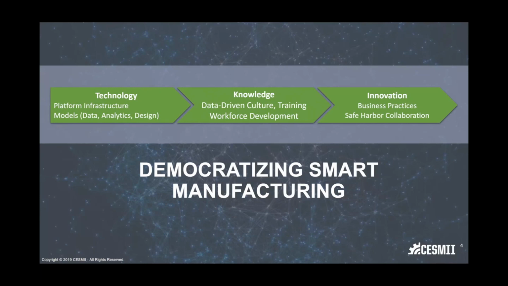If you saw the animation, it started with technology, transitioned to knowledge, and ultimately ended up with innovation. Haresh and I have a pretty good back and forth about whether the technology is more important than the knowledge sharing or not. Since I am responsible for the knowledge side, not the technology side, I tend to champion that position. But I've been in manufacturing for 30 years and on the automation and industrial software side of things for 20 years.